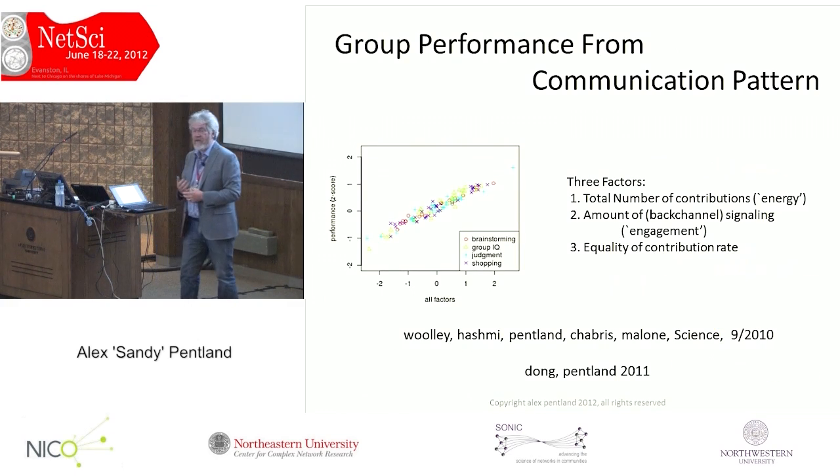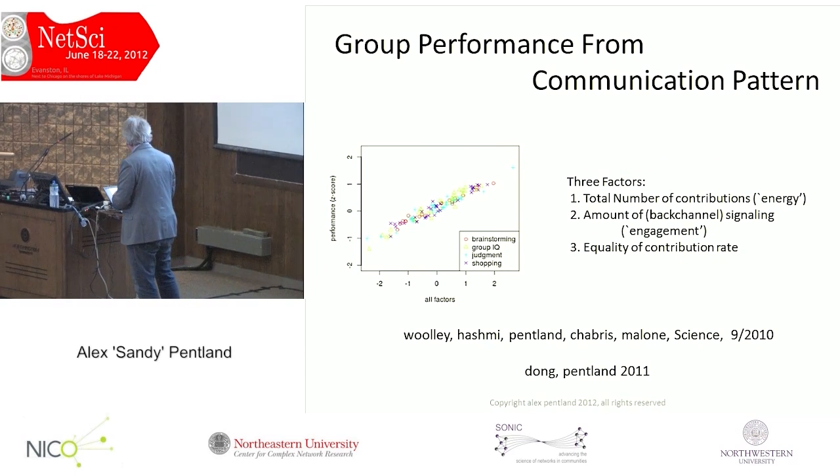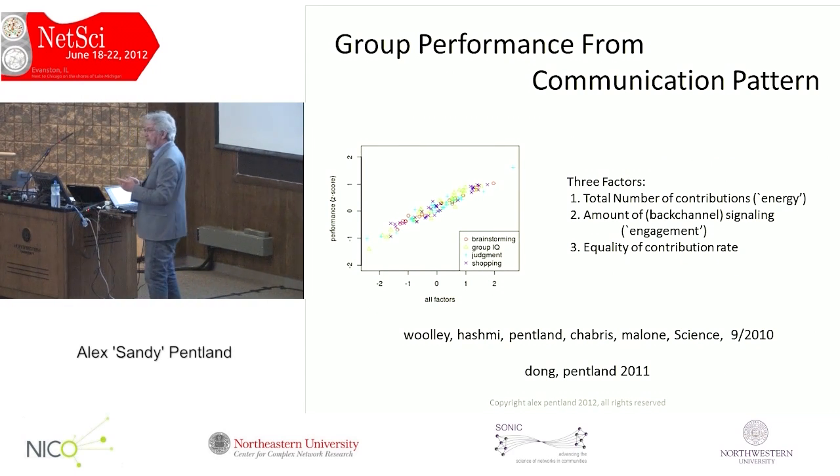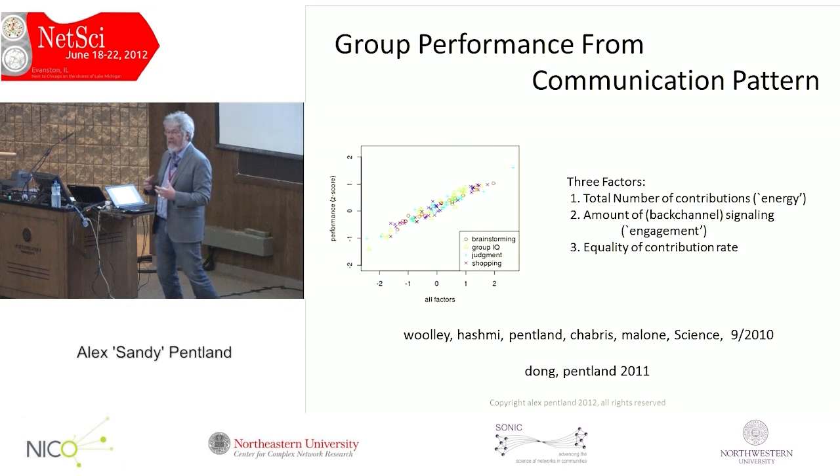Let me show you an example of the sorts of surprising things you can get from this. Two years ago, we published a paper in Science about group intelligence, looking at hundreds of groups performing many different, carefully instrumented tasks. We knew precisely how well each group was doing, and then asked what the characteristics were.